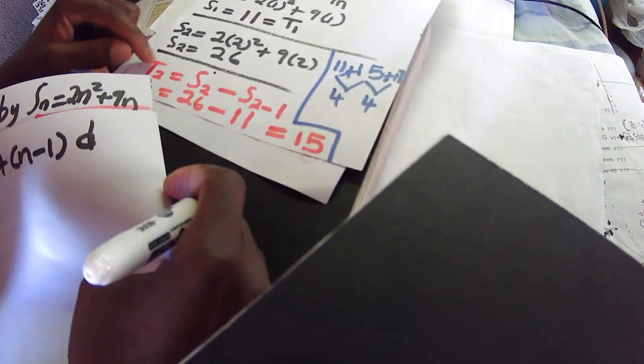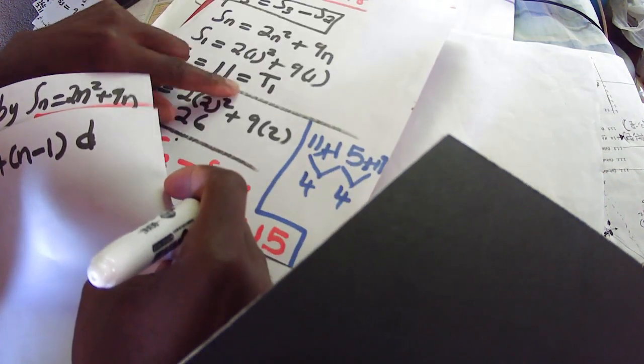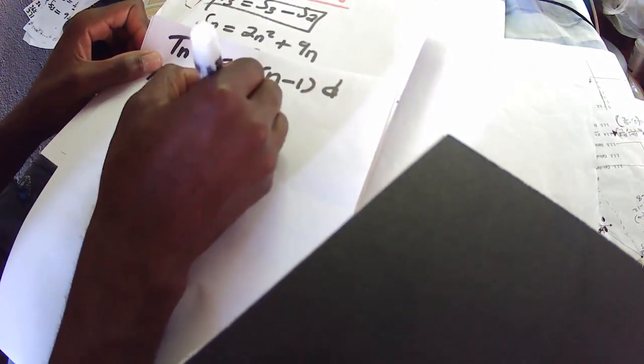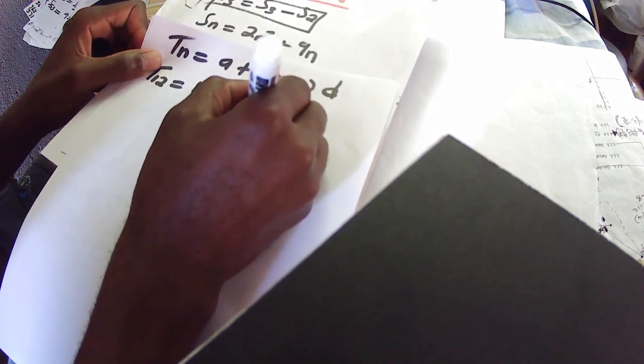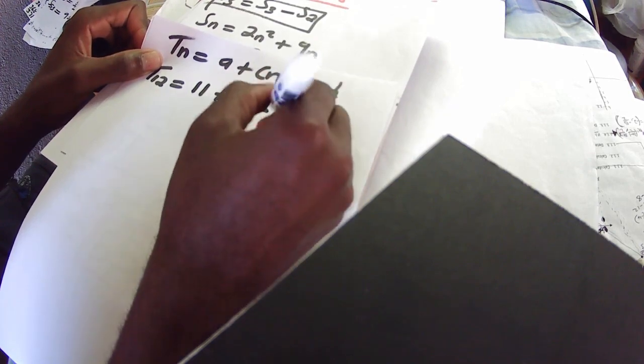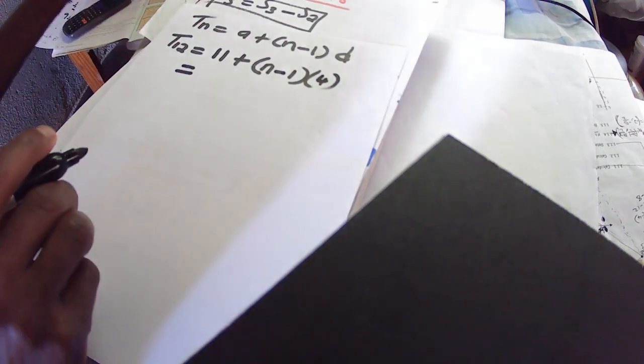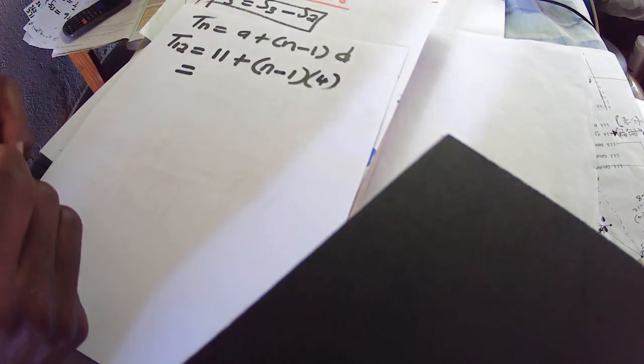Here is T1, which is equal to S1. That is 11 plus (n minus 1). What is d? Our d is 4, right? Yes, 4. So this is the formula of the nth term.